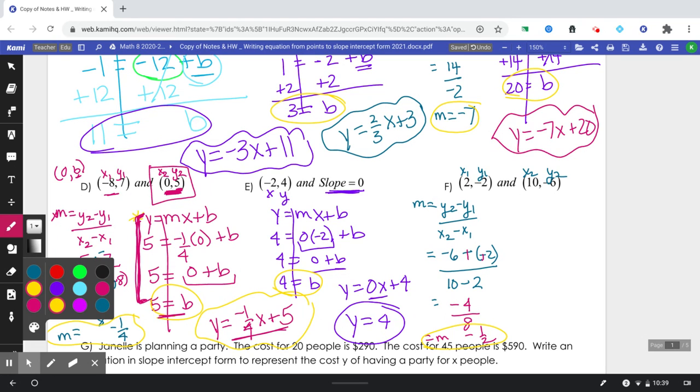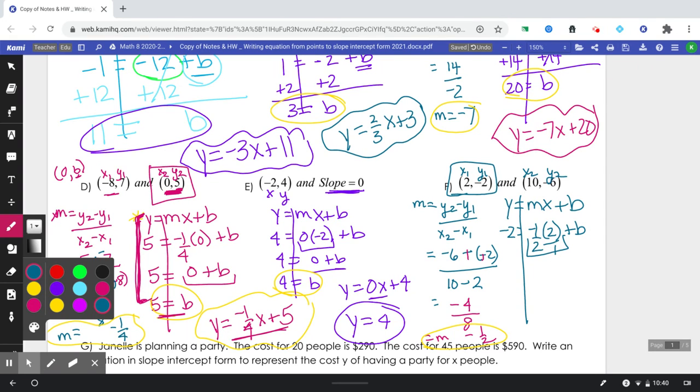All right, now I know my slope. Okay, I'm going to choose a point. Well, they both have negatives, so it really doesn't matter. Let's go with this one. Okay, so y equals mx plus b. So my y is -2. The slope is -1/2. My x is +2. I'm looking for b. All right, I need to simplify, so I'm going to multiply -1/2 times 2.